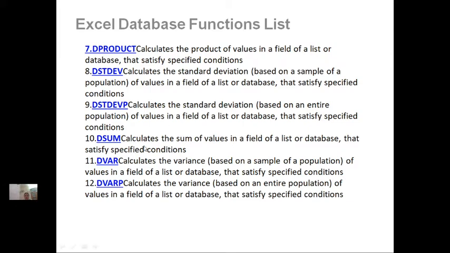Next is dsum, dvar, dvarp, based on an entire population, that is why it is saying p. Here also it calculates the standard deviation based on an entire population, that is why it is saying dstdevp. Okay, now let us go to the next slide.